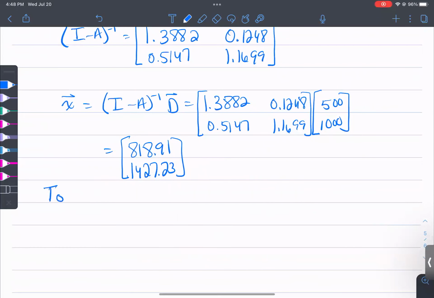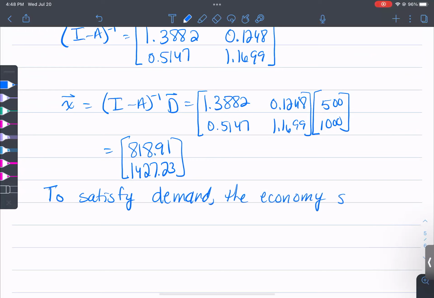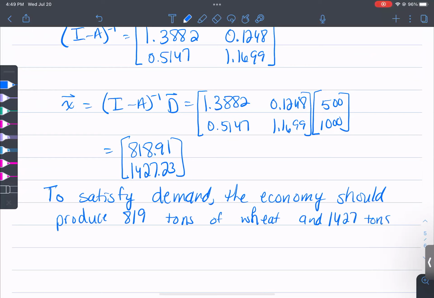So to interpret that, to satisfy demand, the economy should produce 819 tons of wheat and 1,427 tons of oil.